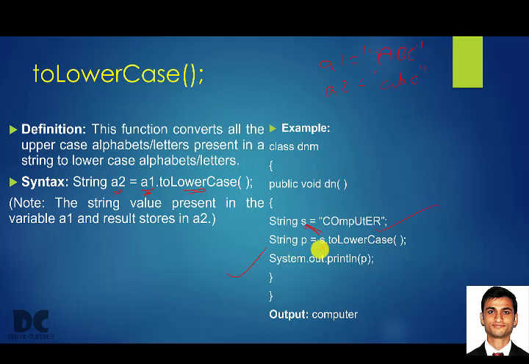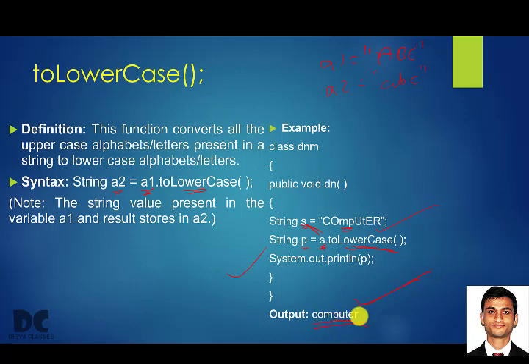S, the value you want to convert to lowercase, that is present in S. So S dot toLowerCase. What will toLowerCase do? It will convert everything to lowercase. And what happens to the characters already present in lowercase? They will remain in lowercase. So the final output will be computer. So in the variable P, computer will be stored where all the alphabets are in lowercase.